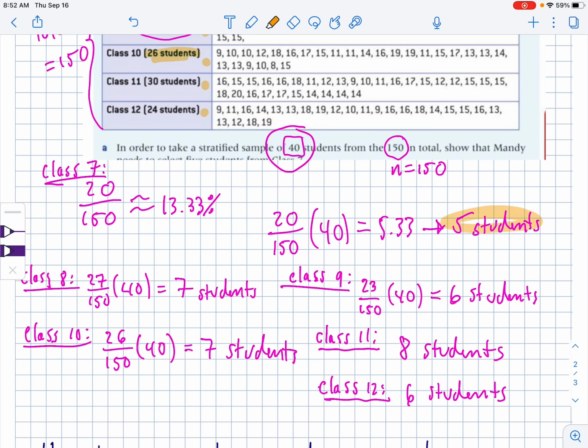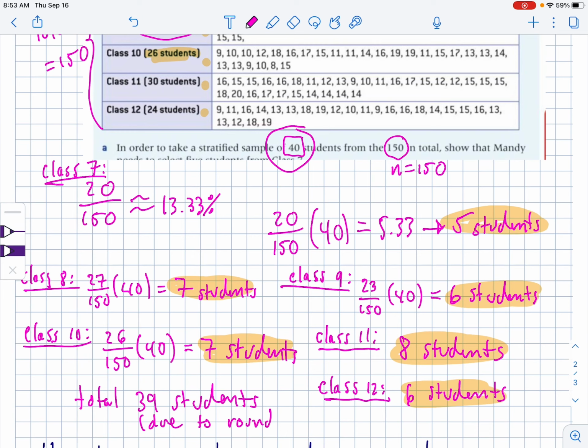Now, if you take these numbers here, 5 students, 7 students, 5 plus 7 is 12, plus 6 is 18, plus 7 is 25, plus 8 is 33, plus 6 is 39. So the total is 39 students, but this was due to rounding. So that's fine.